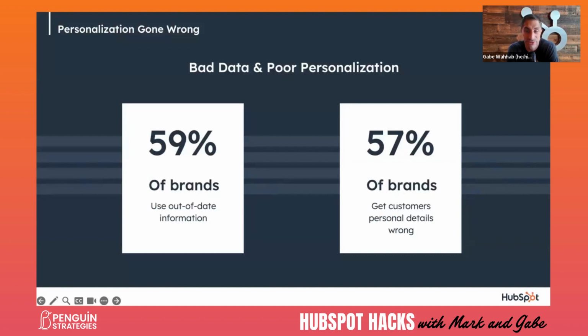A recent research study showed that 59% of brands use out-of-date information about their customers, and 57% get customers' personal details wrong. Let me repeat that. 57% get customers' personal details wrong. That's really, really bad. And as marketers, we need to make sure we're doing better.